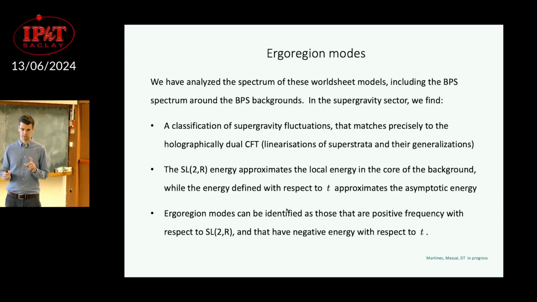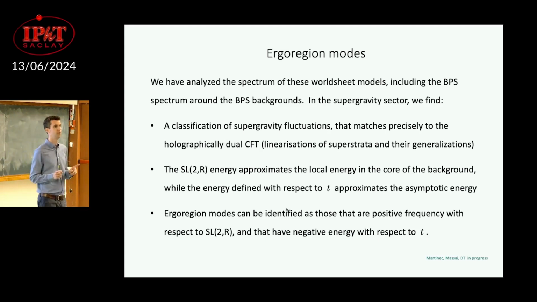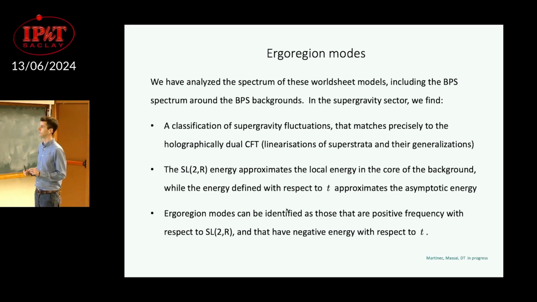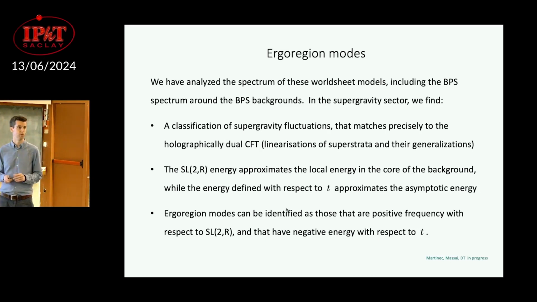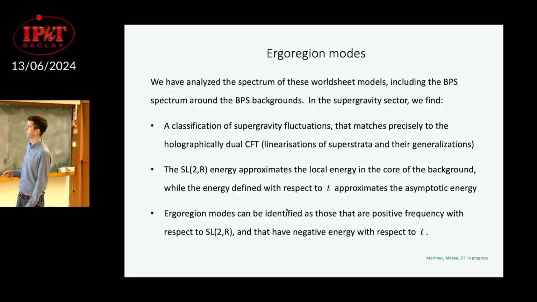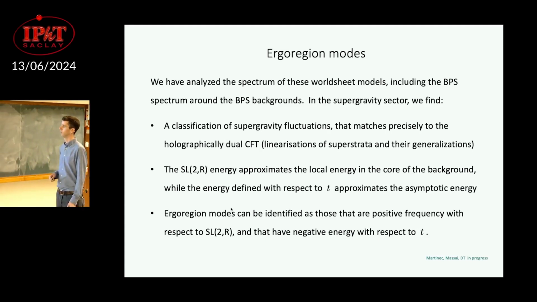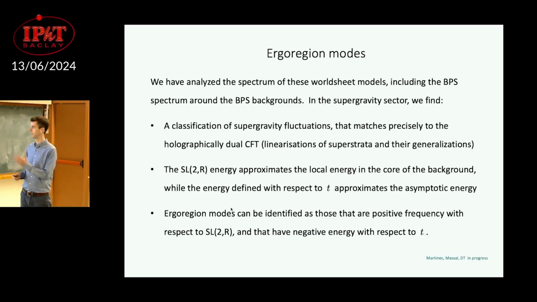And you may remember that we started with a 10+2 target space. So we had two time-like directions to begin with, so we have two notions of energy before we gauge one of them away. It turns out that the SL2R energy approximates the local energy in the core of the background, while the energy defined by the T direction approximates the asymptotic energy. So then there's a natural prescription that these ergo region modes can be identified as those which have positive frequency with respect to SL2R, but negative energy with respect to T, and this checks out nicely.